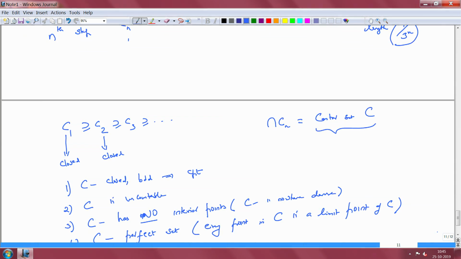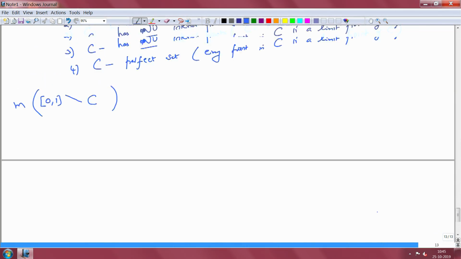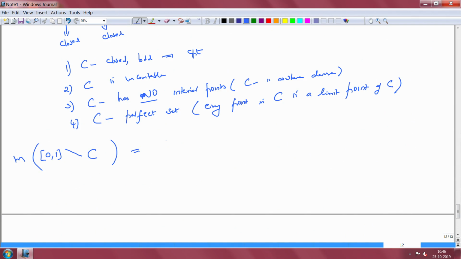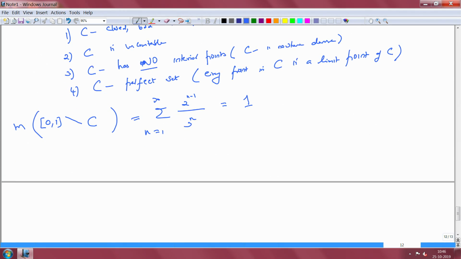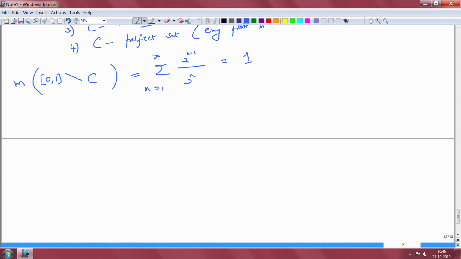This is simply the sum of 2^(n-1)/3^n from 1 to infinity, because of countable additivity, and this is 1. So, you have thrown out open intervals whose lengths add to 1. Hence, the measure of the Cantor set C, even though it is uncountable, is 0.